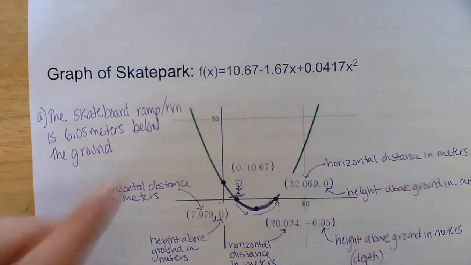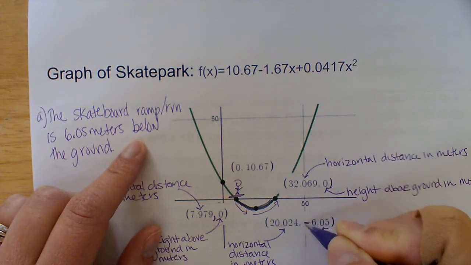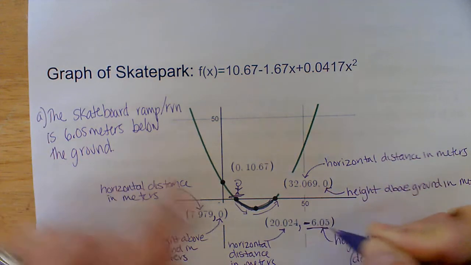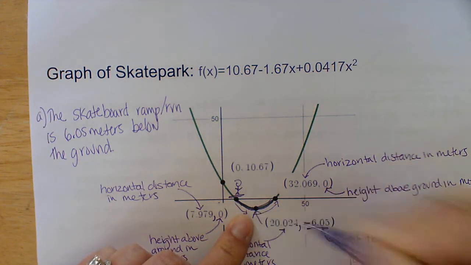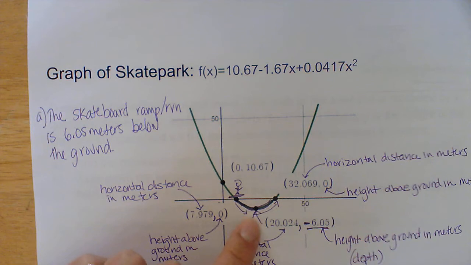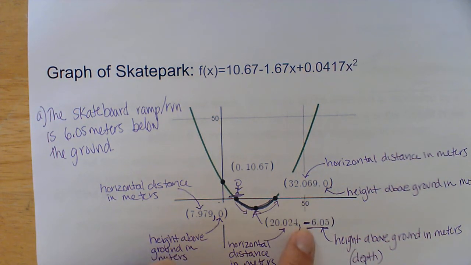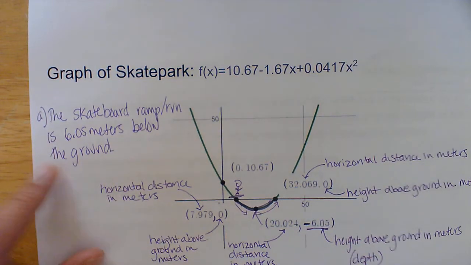And I'm just using the word below to represent this negative right here. Because this right here is the vertex. This number is the vertex. And if we're looking for depth, we're looking for that height. And since it's negative, that means it's below the ground.